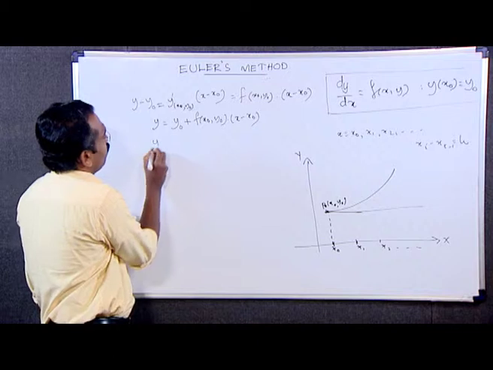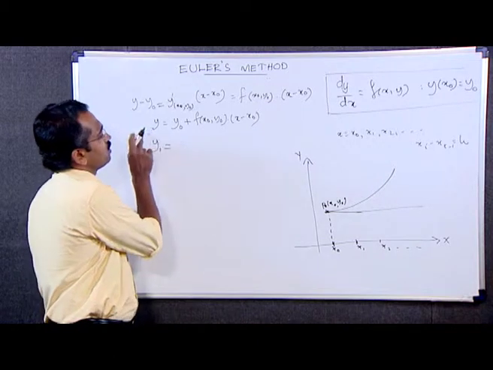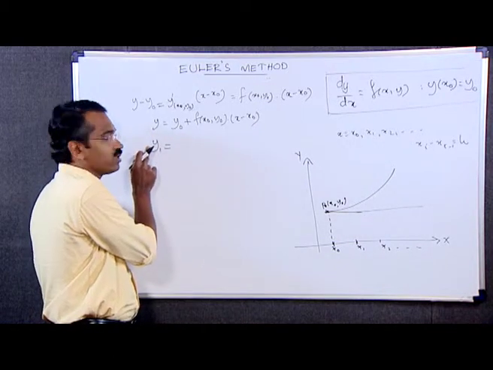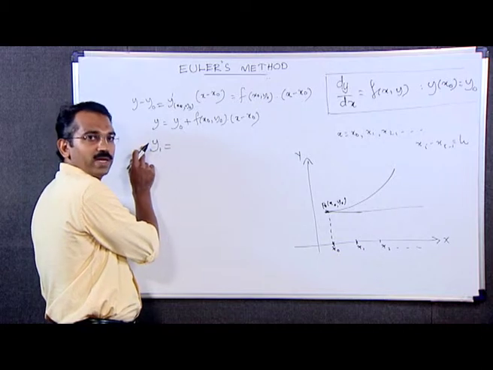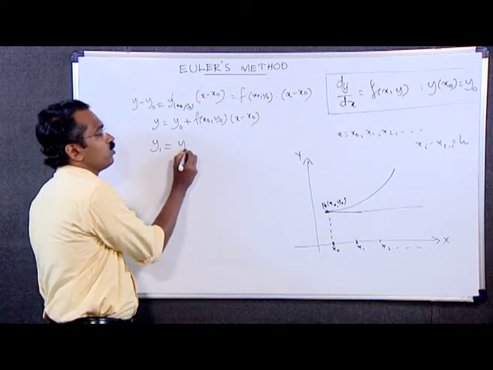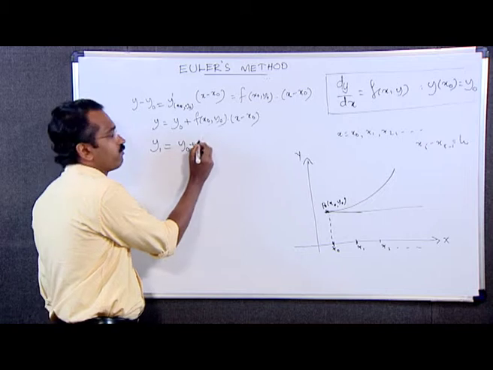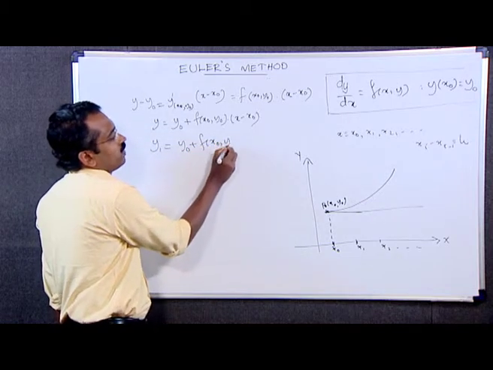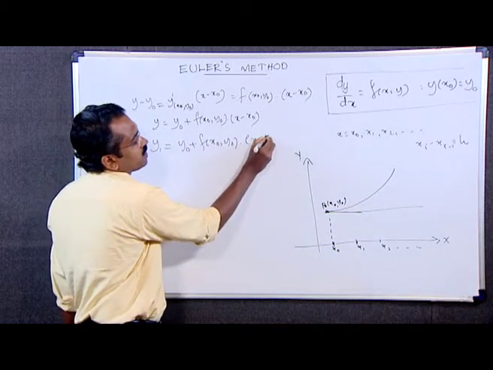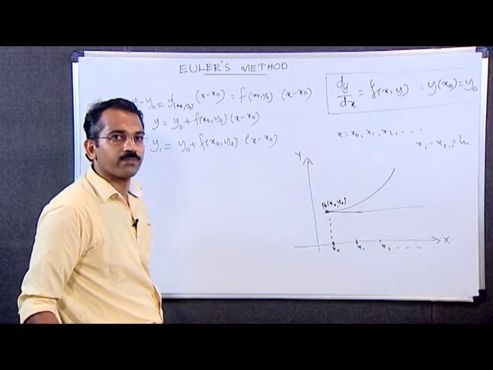Therefore, we can use the notation y 1 for the value of y, which is equal to y naught plus f of x naught, y naught into x minus x naught.